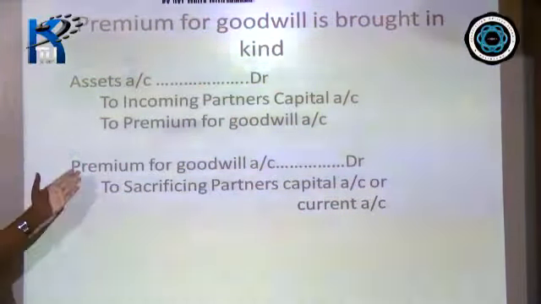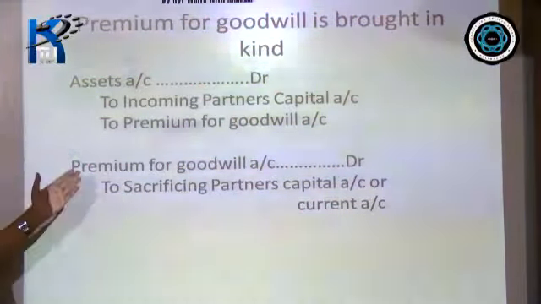Now the new partner brings in his share of capital also. Supposing he brought maybe 10,000. So 10,000 will go to his partner's capital account, and whatever is the balance, his share of premium he could not bring in cash, he brought through assets. So that will go to the premium for goodwill account.